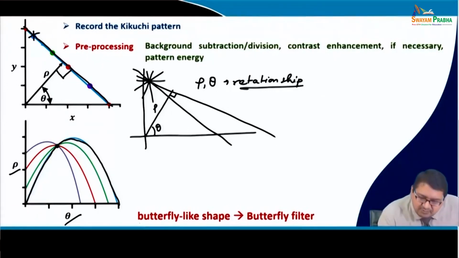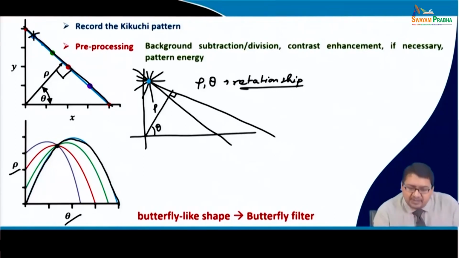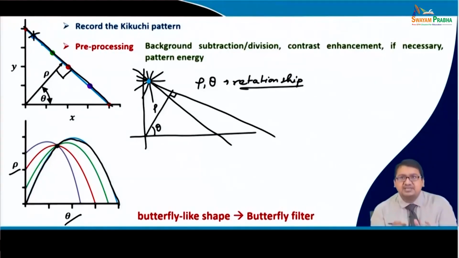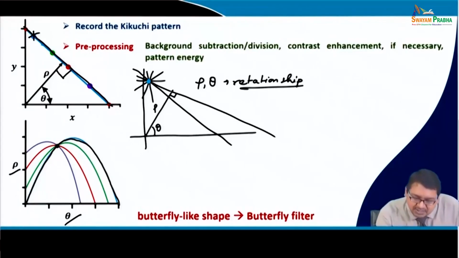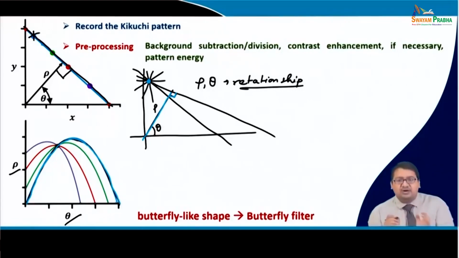So, each point of this Kikuchi pattern may have an infinite number of lines passing through it, and each line will have a certain rho theta, right, and this rho theta corresponds to a sinusoidal curve in a half space.